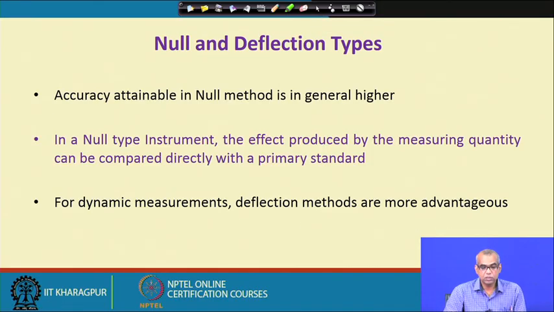Some more points about null and deflection type instruments. Accuracy attainable in null methods is in general higher than that of deflection type instruments. In a null type instrument, the effect produced by the measuring quantity can be compared directly with a primary standard. Imagine the example of a balance.